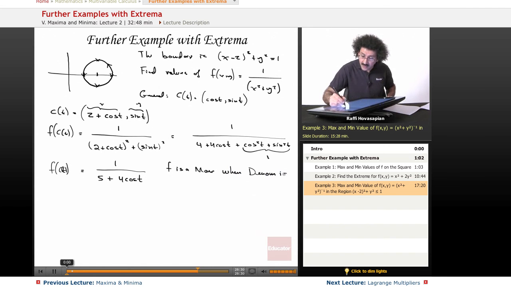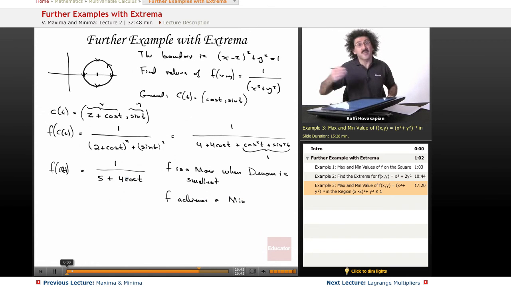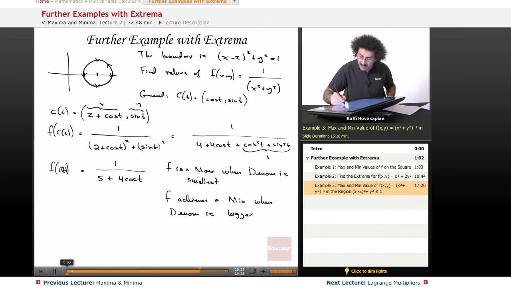And f achieves its minimum value, the smallest value, when the denominator is the biggest. This is the function: big denominator, small value; small denominator, big value. That's what's going on here.